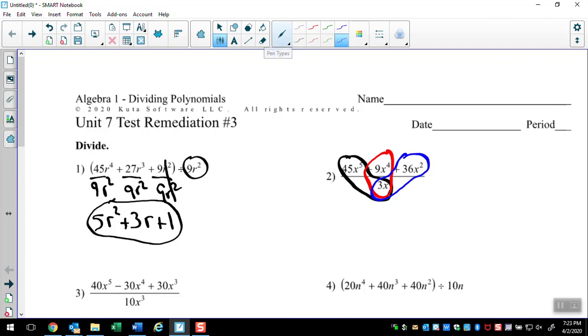All right, so let's start with the 45 divided by 3. So that's going to give me 15.